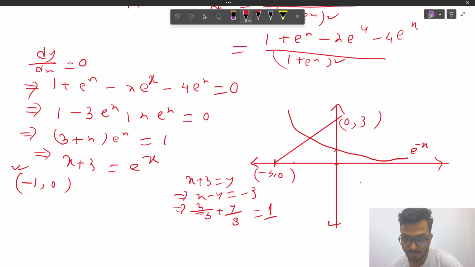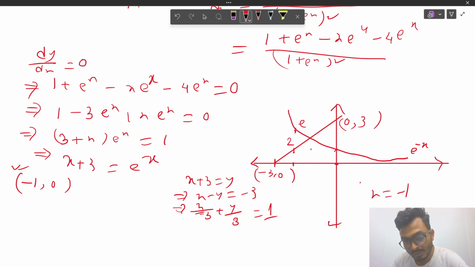Now we find when x equals minus 1. Suppose this is minus 1, so this curve will be e, and when x equals minus 1, y will be 2, so this is 2.